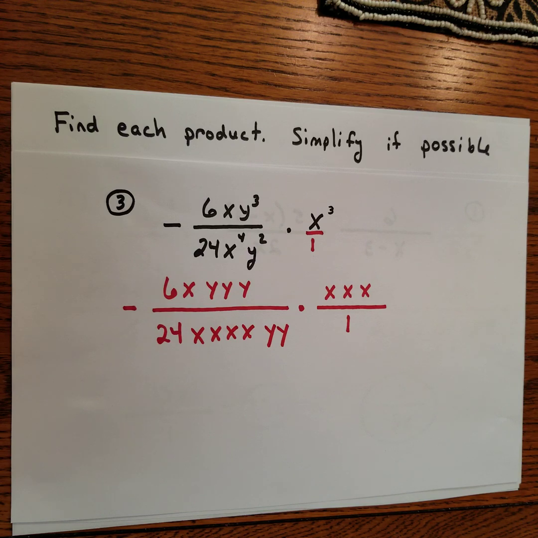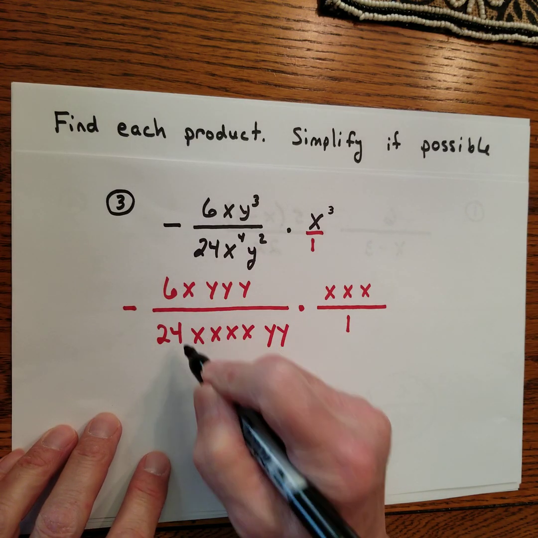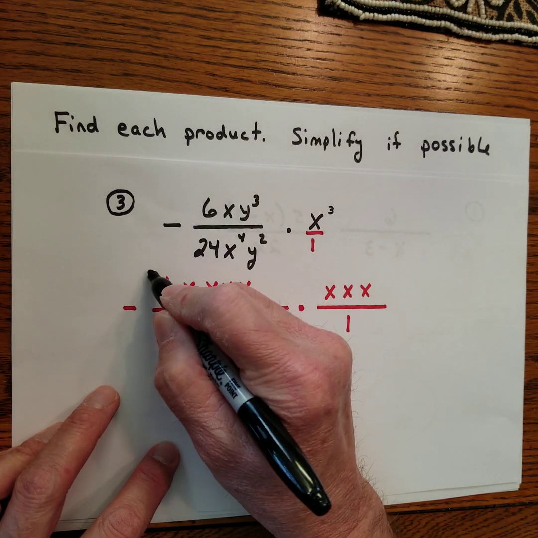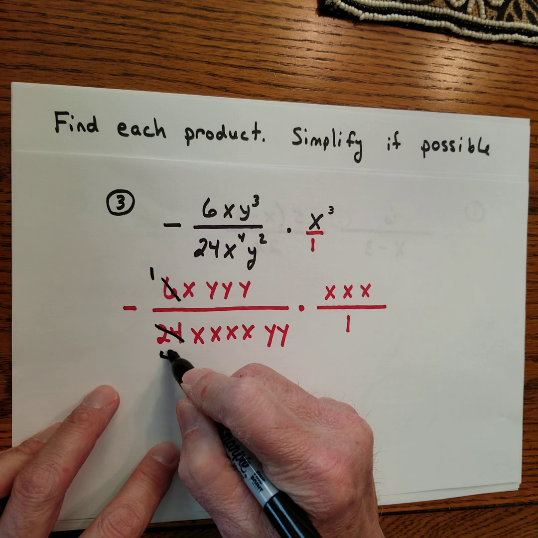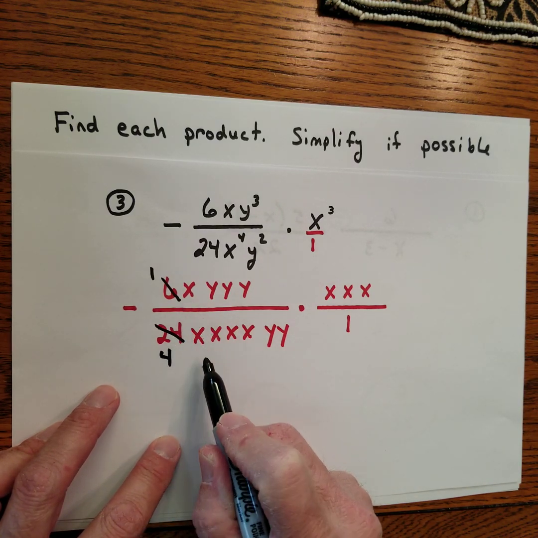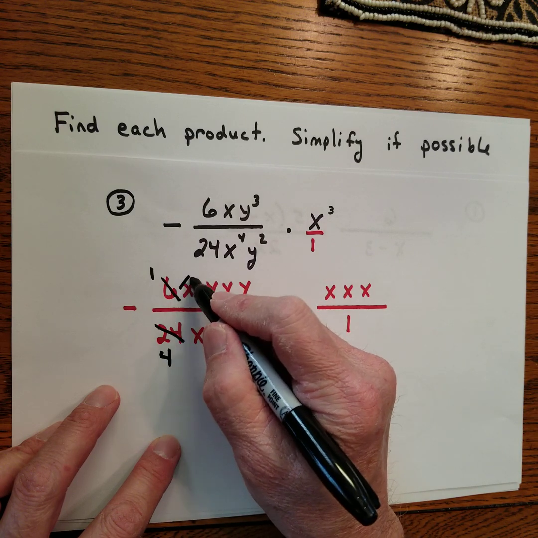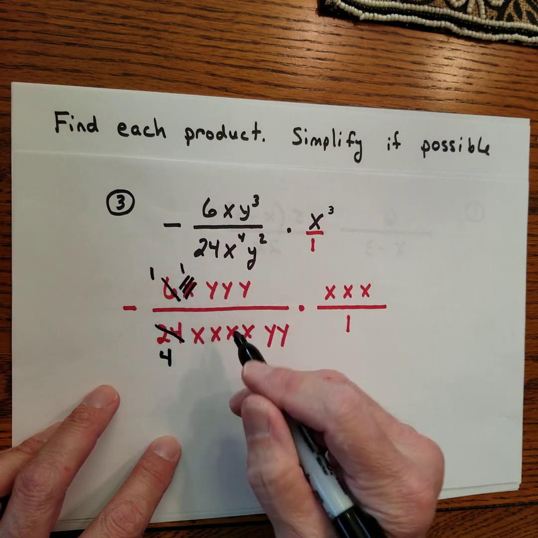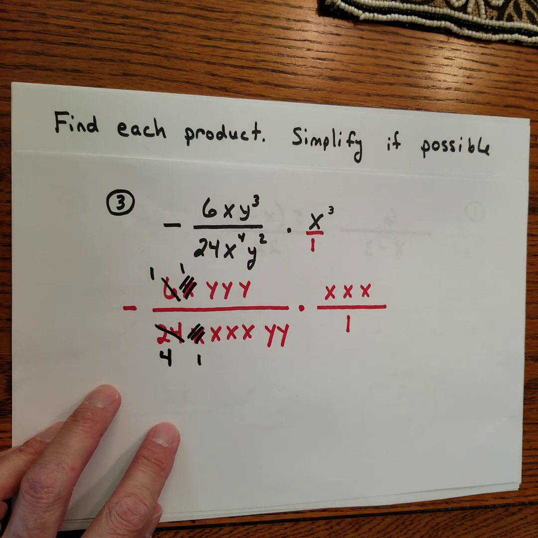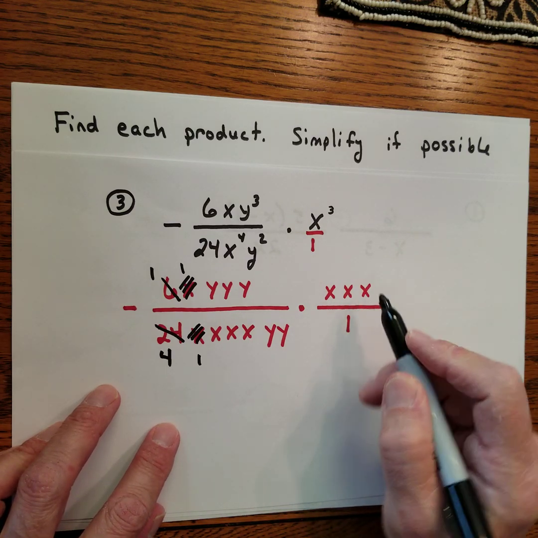Let's do some reducing. First of all, I can reduce the 6 into 24, any top with any bottom. I'll divide by 6, divide by 6. There's an x here that can cancel one of these x's. Here's 3 more x's.